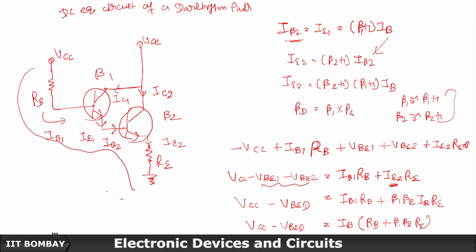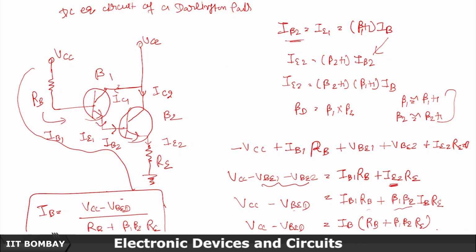So if we solve it more, we get IB1 equals VCC minus VBED divided by RB plus beta 1 beta 2 RE. This is the expression for IB, which is more or less the same as for the emitter bias configuration and other configurations. Similar expressions we have got, base resistance and all that.